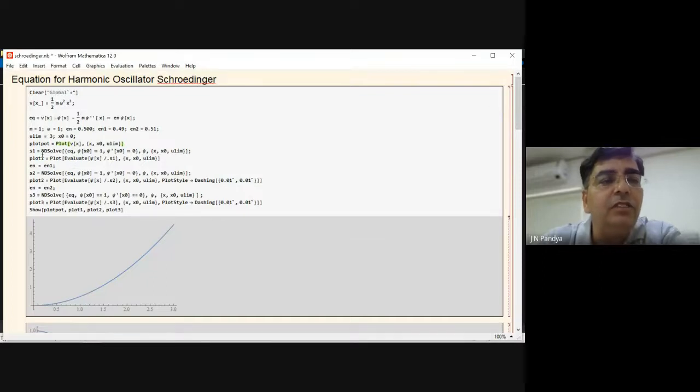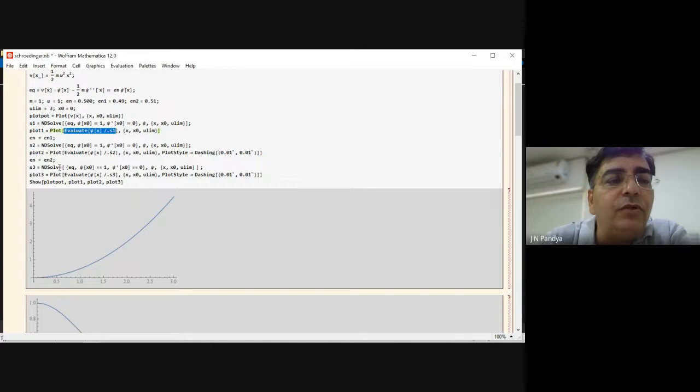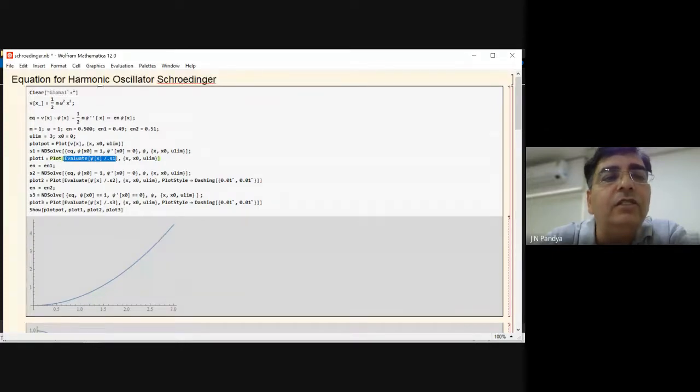Then you solve this equation numerically, find this expression, the same one I used just before, and you can simply plot that under some limit. So if you really want to use the inbuilt feature of Mathematica, you can use this directly to solve the Schrodinger equation with the harmonic oscillator potential.